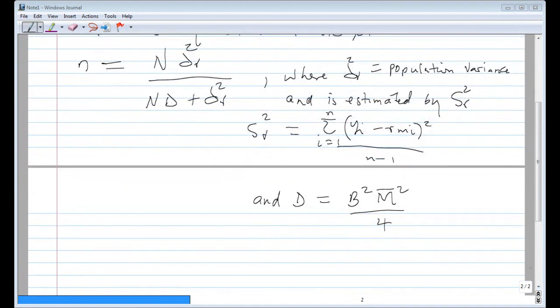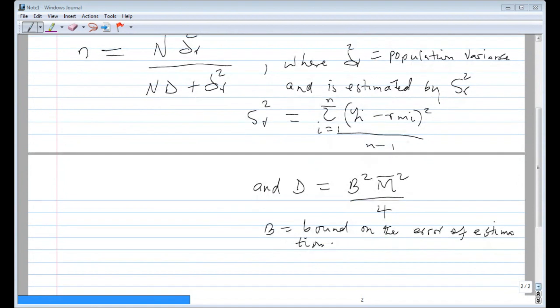That's our D. And as you know, B stands for the bound on the error of estimation, isn't it? The bound on the error of estimation.